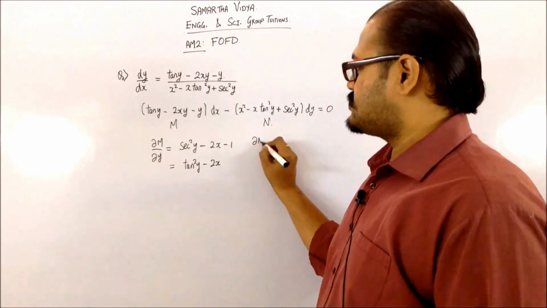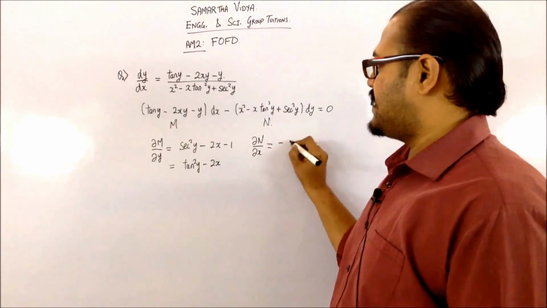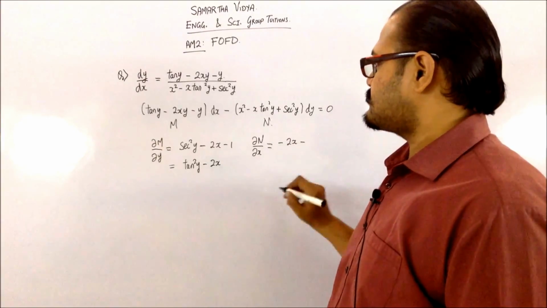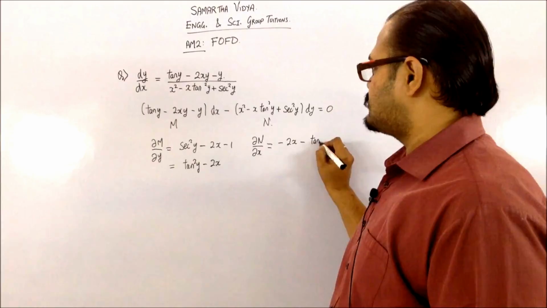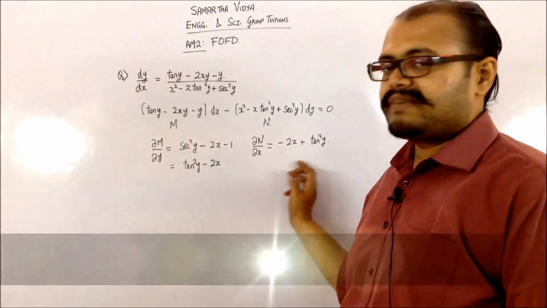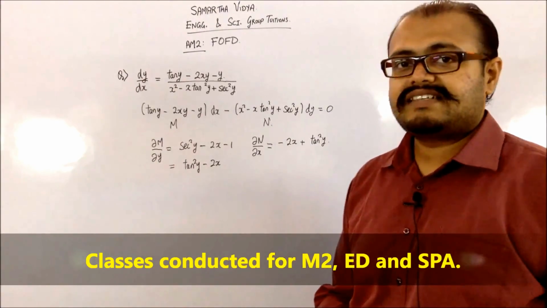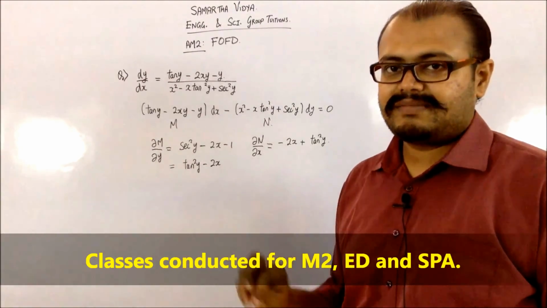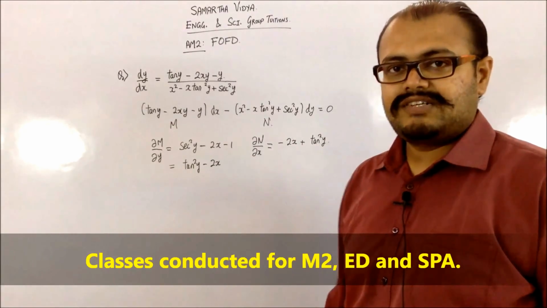Coming to dou n by dou x, that is going to be minus 2x, minus tan square y, and the derivative of sec square y with respect to x is 0. When you compare both of these, you will see that this is equal to this. So basically this differential equation is an exact differential equation. So directly going for the solution part.